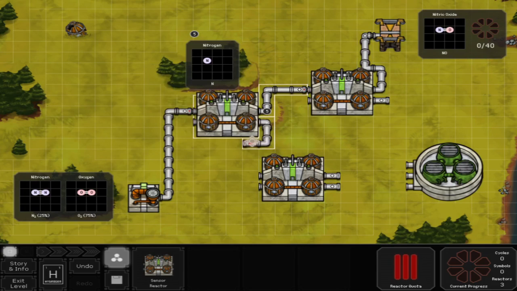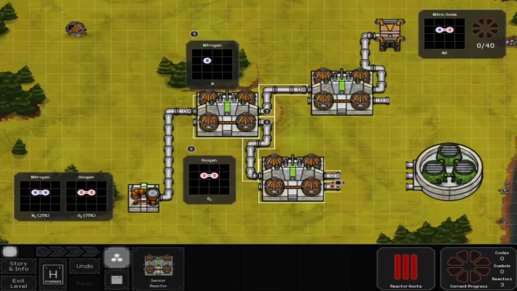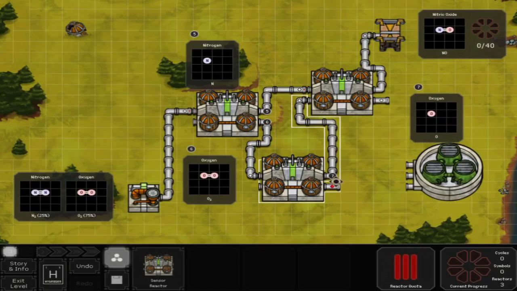Now, out the bottom, this one I know I remember, I want to send the oxygen gas. And then out the top of this guy, I will send oxygen atoms, and I also want to hook the lower pipe to the recycler.